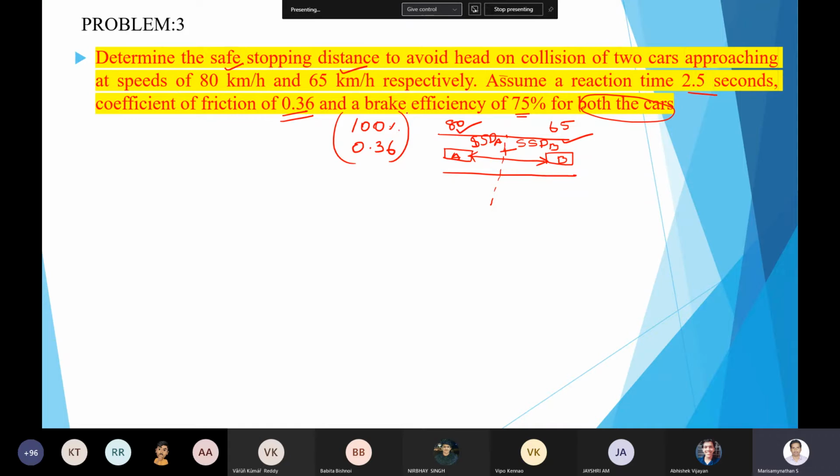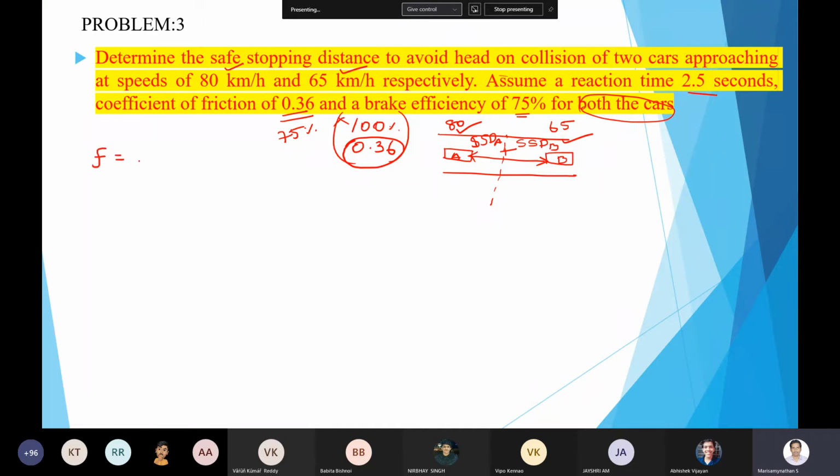But the brake efficiency in this particular problem for both cars is not 100%. It is reduced to 75%. So when it is reduced to 75%, they are not achieving the 0.36 coefficient of friction in the field. The reduction happens, and we have to estimate that reduction.